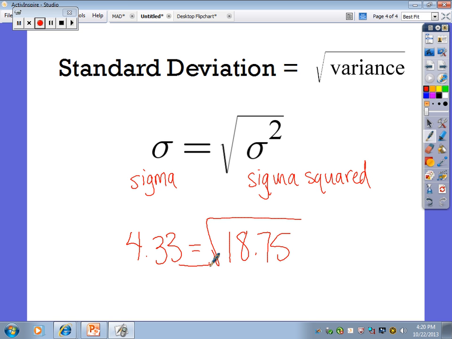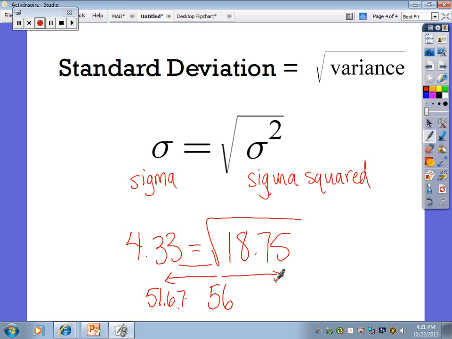What this means is, in my set of data, I have a mean of 56 and a standard deviation of 4.33, which means to the left, I can go down from 56 by 4.33. Let me do that on the calculator: 56 minus 4.33, and I get 51.67.